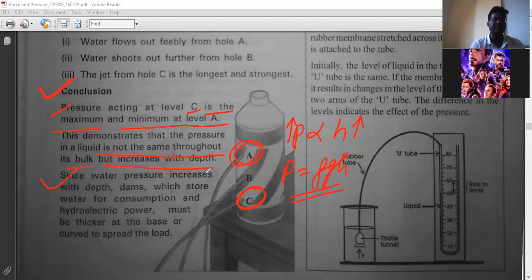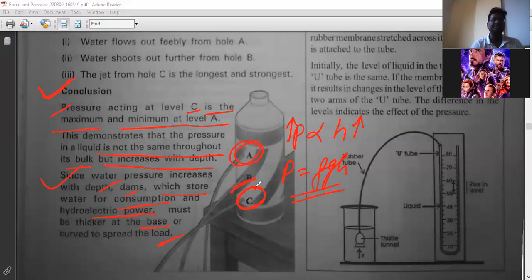Since water pressure increases with depth, a dam which stores water for consumption and hydroelectric power must be thicker at the base, or curved to spread the load. That's why the base is made thick, because at depth the pressure due to the liquid is more.